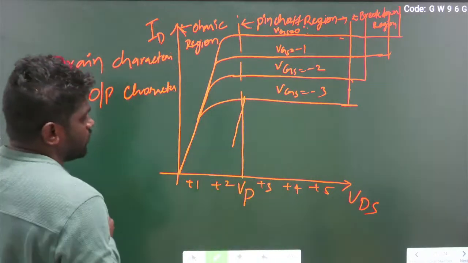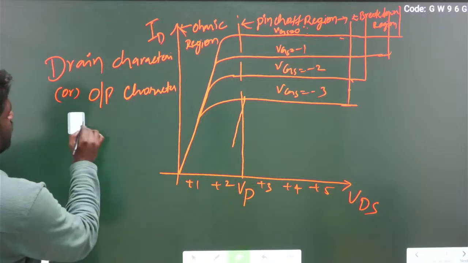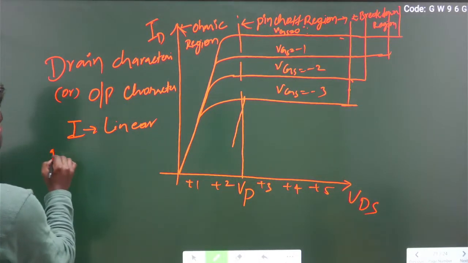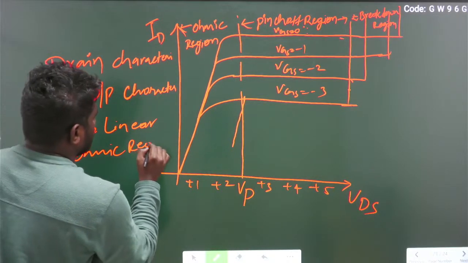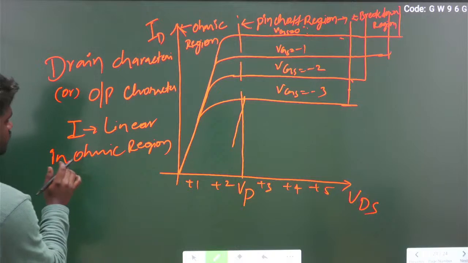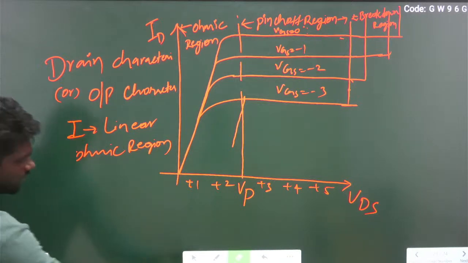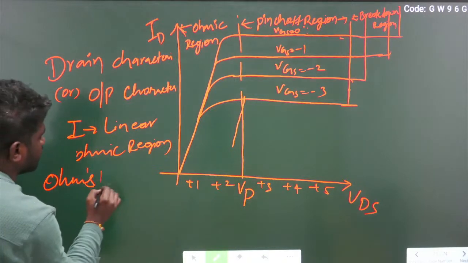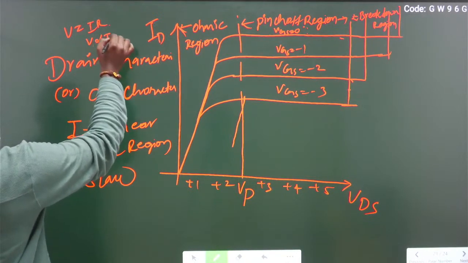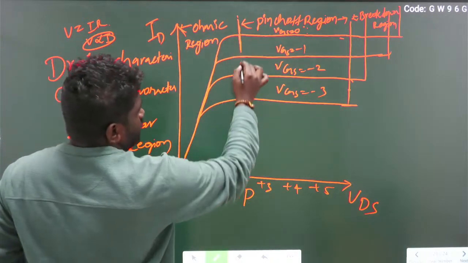Now see the ohmic region. The current is linear in the ohmic region, so the ohmic region follows Ohm's law, V equal to IR, so V is directly proportional to I. Whenever VDS increases, the current will increase linearly up to the pinch off point.